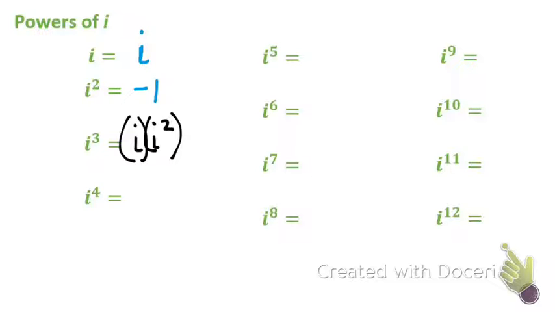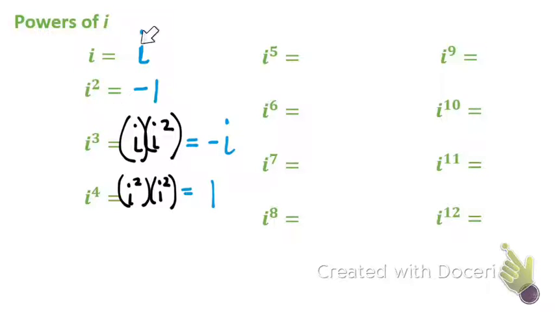So it's going to equal i times -1, so i to the third is just -i. i to the fourth is the same as i squared times i squared, which is -1 times -1, or just 1.